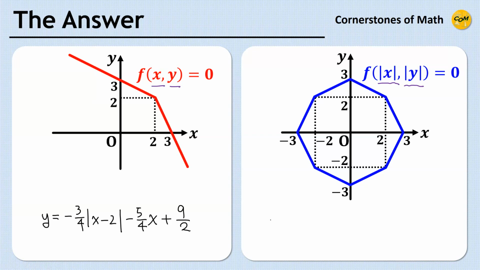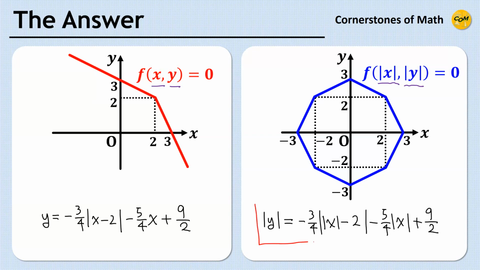Therefore, the final answer is absolute value of y is equal to minus 3 over 4 times absolute value of x minus 2 minus 5 over 4 times absolute value of x plus 9 over 2.